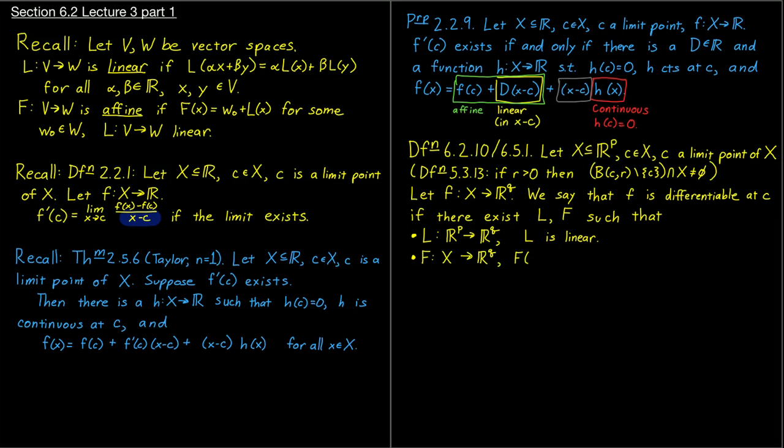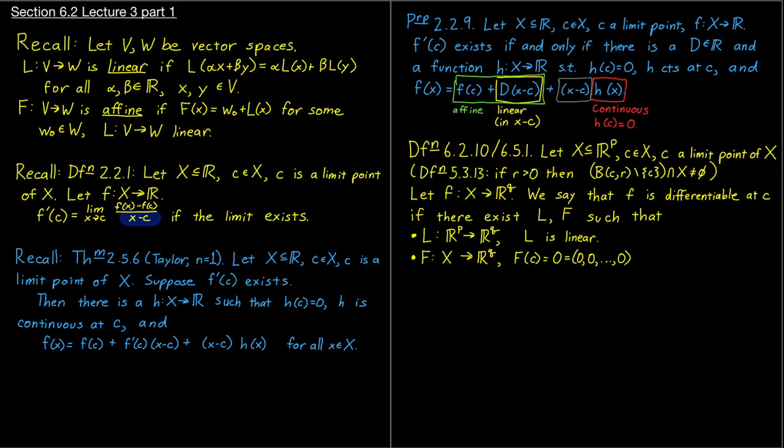We're going to specify that F of C is 0, by which I mean the 0 vector. If Q is 1, I just mean the number 0. Otherwise, I mean the vector, all of whose entries are 0. It's the additive identity. It's the thing you add to other numbers without changing them.